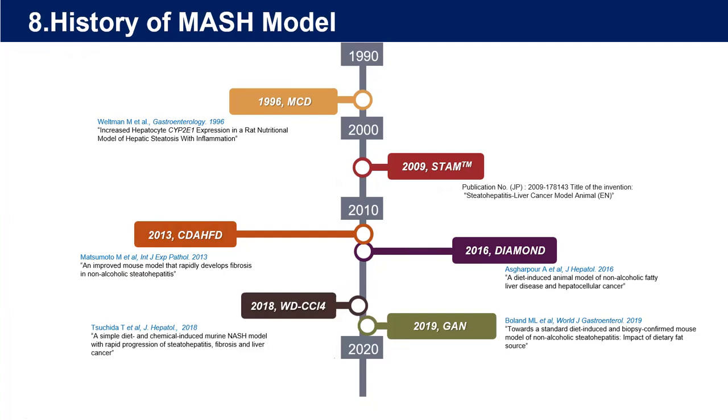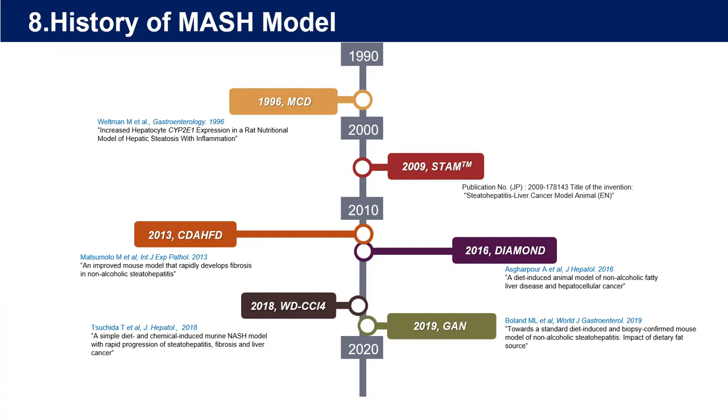Furthermore, in 2019, the GAN diet model was introduced, establishing a model capable of reproducing metabolic backgrounds such as obesity and insulin resistance. Looking at this chronologically, it is clear that the range of pathological conditions these models can reproduce has expanded from simple fatty liver to fibrosis and then to metabolic conditions and carcinogenesis.